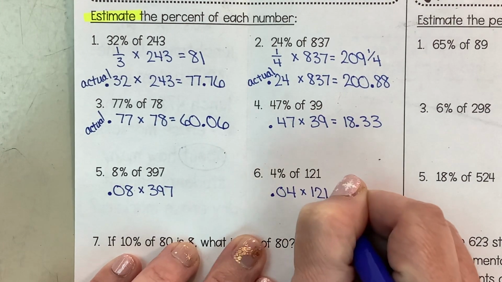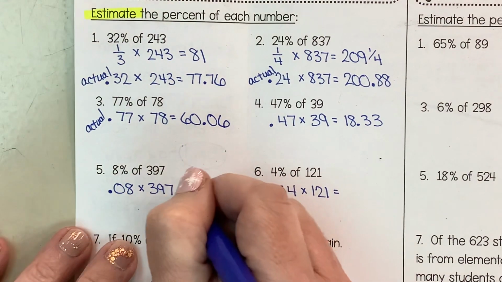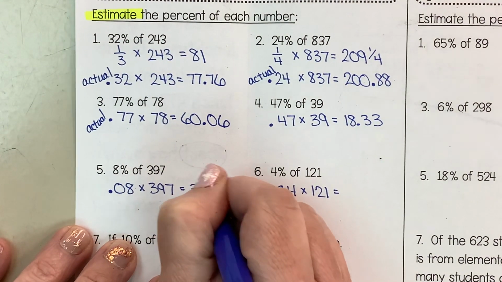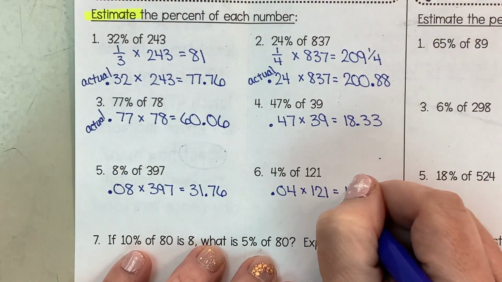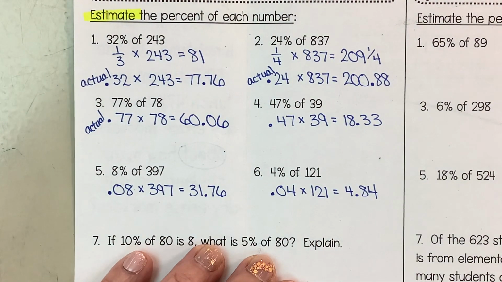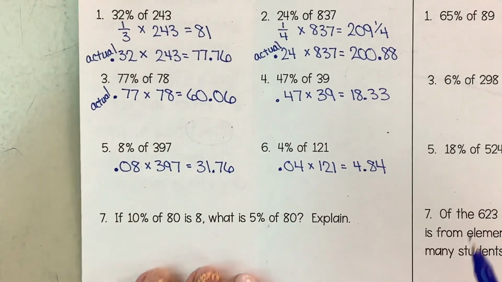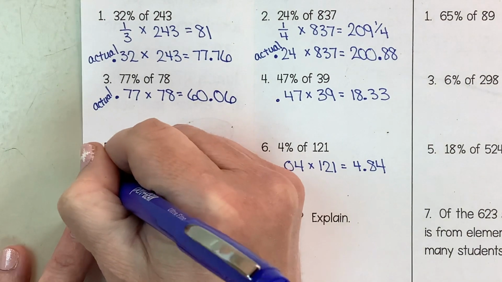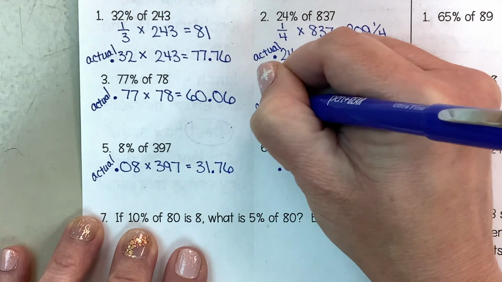You should be getting an answer for both these. And the last one, and again, these were actual answers, because you will not need to do an estimate on the test.